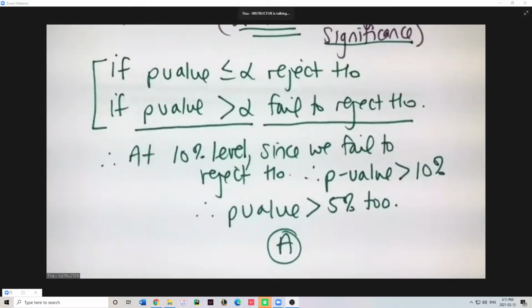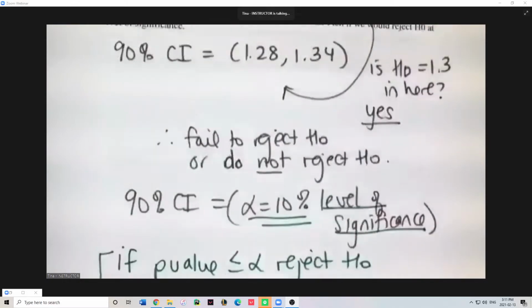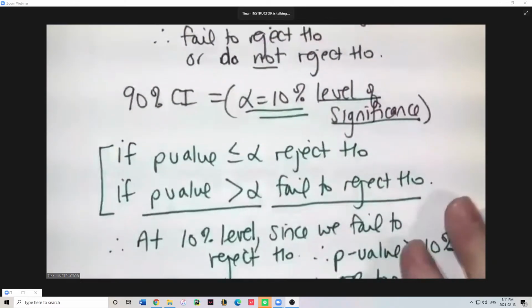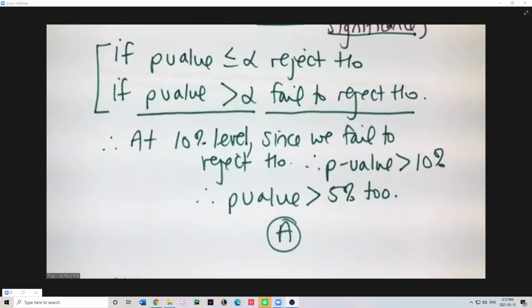So you wouldn't be able to conclude. If it was the other way around and you had p-values greater than 5 and you wanted to know if it was greater than 10, you wouldn't be able to tell based on the numbers, basically. 95% confidence. Well, if it's 95% confidence, then alpha would be 5%. Okay, any other questions?